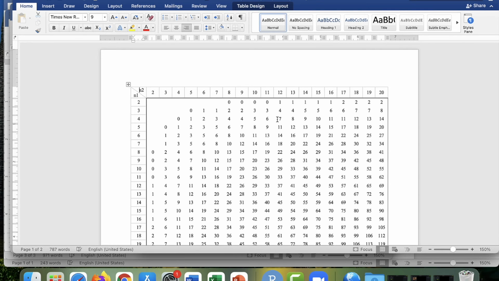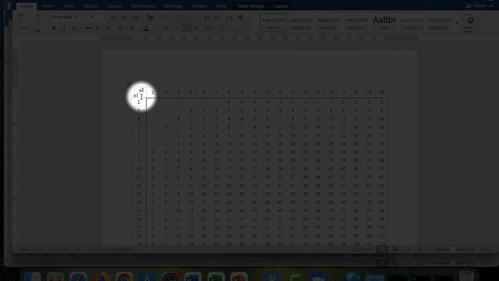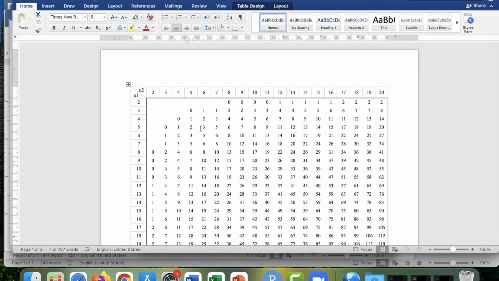Okay, so if I look in Appendix F, keep in mind, N1 and N2, there's 5 cases in each group. So I'm going to look down here for 5 and across here for the column that has 5, and I find a critical U value for a two-tailed test with an alpha level of 0.05 of 2. So my critical U value is 2.